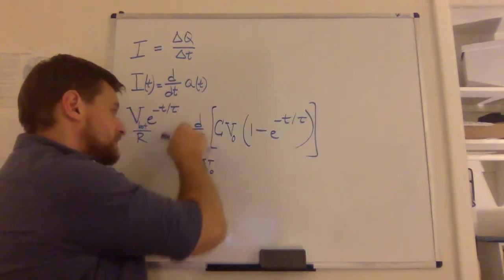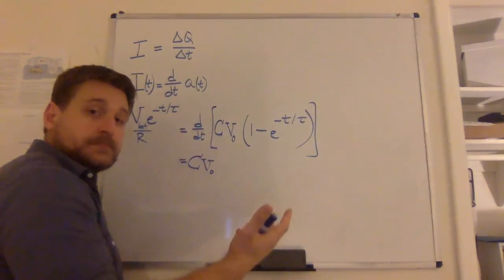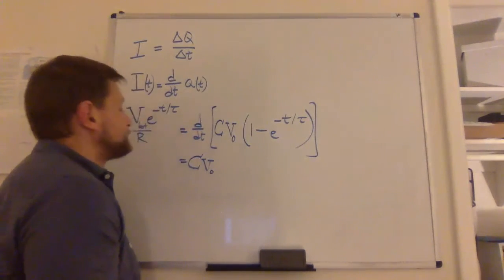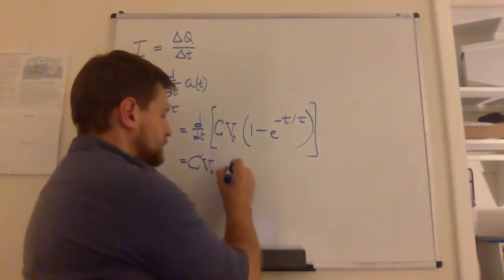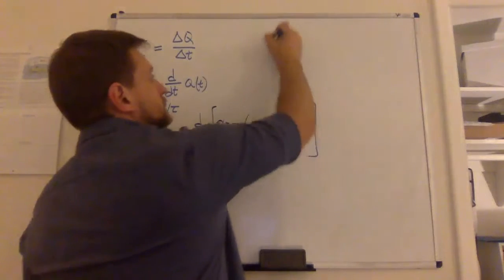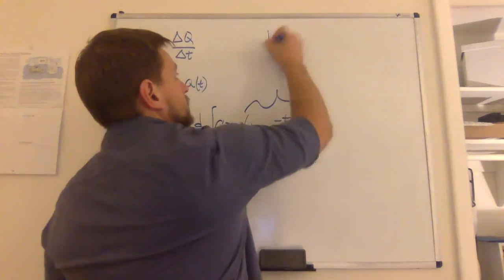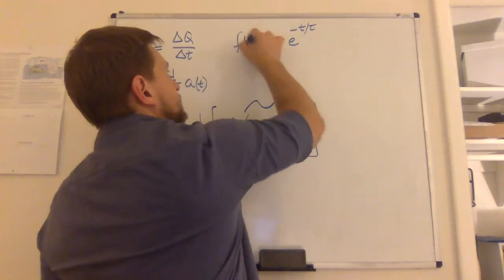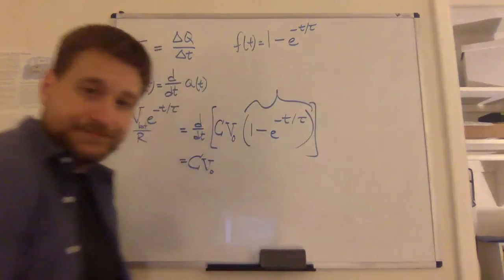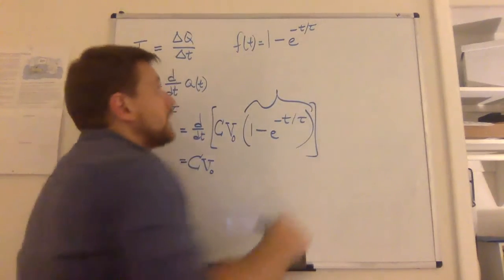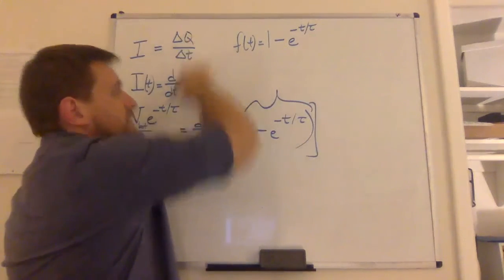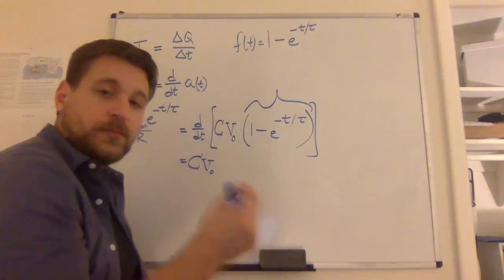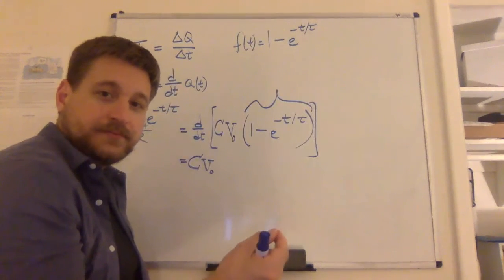And this d over dt, that's a derivative. But what we're asking about, here's a function. 1 minus e to the negative t over tau, this is some function of t, right? I'd like to know how much it changes. What is the change in this function for a very small amount of time, delta t?